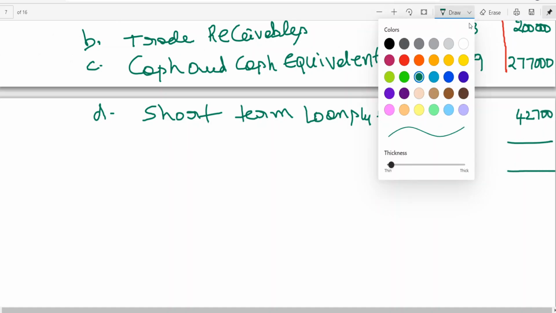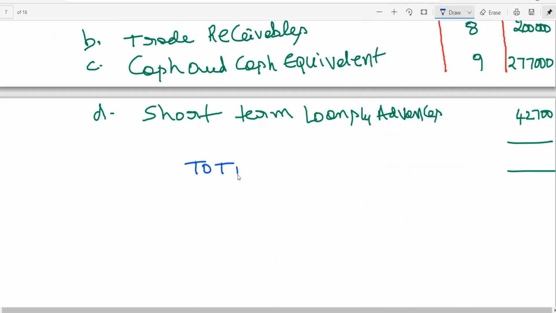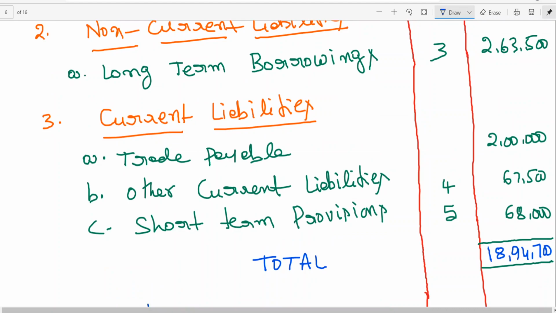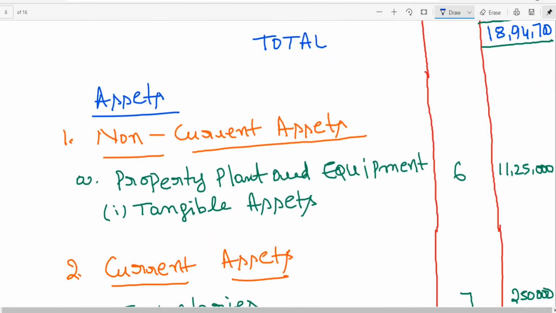Then we can go for totaling of it. And try with the calculator. You will be getting the same balance sheet of 18,94,700. Okay, clear to all of you?